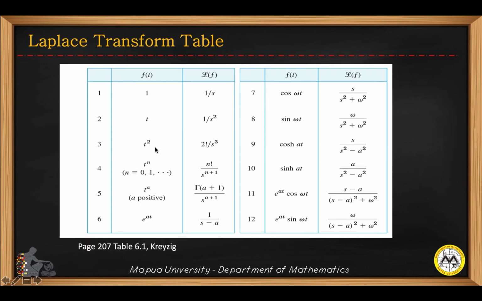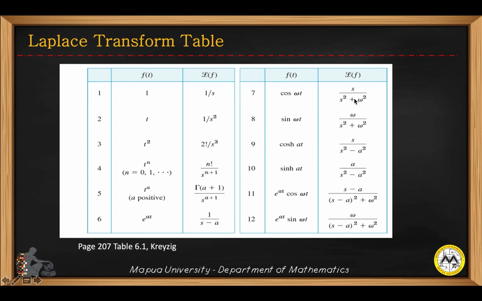So t and t squared will follow this formula. Now, if a is not an integer, then we can apply the gamma function: gamma of a plus 1 over s raised to a plus 1. And then, this is what we obtained a while ago: e to the at is 1 over s minus a.